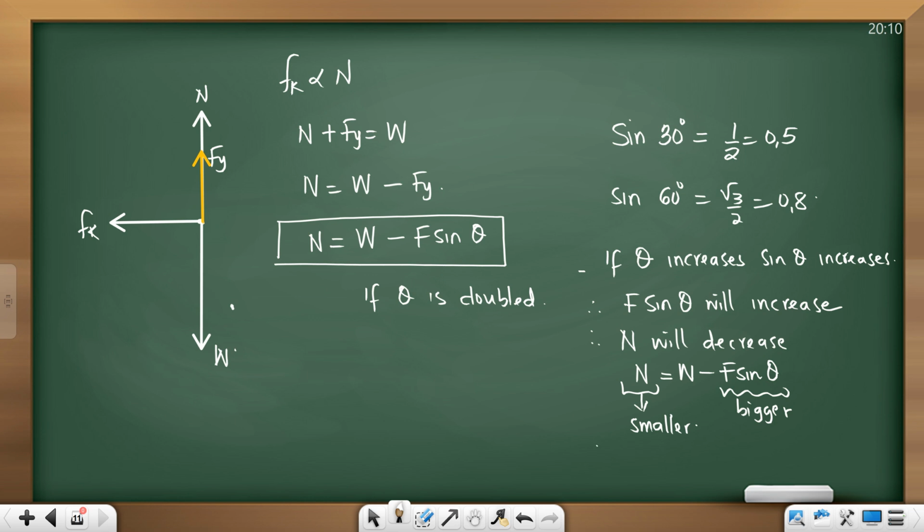And if N decreases, Fk is directly proportional to N. Therefore, Fk decreases. That's a complete understanding of what's going on. Lindy, it decreases.